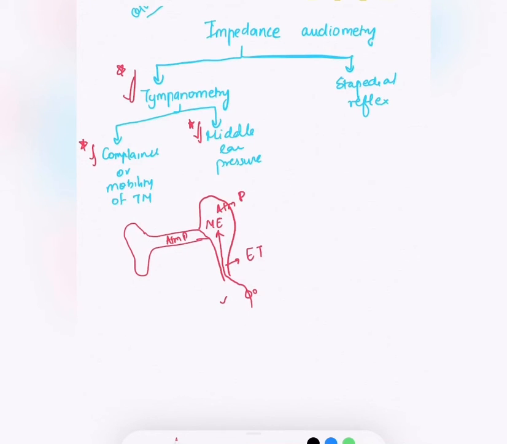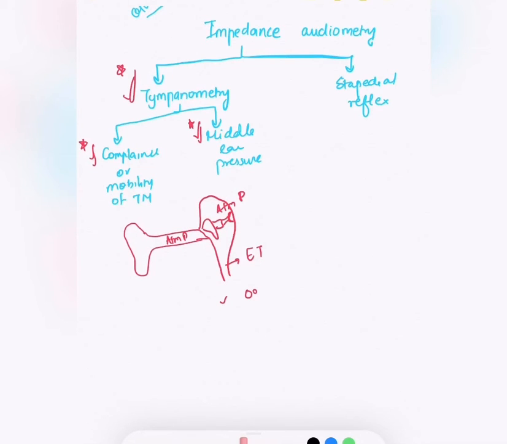Fine, so why is this ventilation needed? This ventilation is needed so that the mobility of the ossicular chain remains normal.